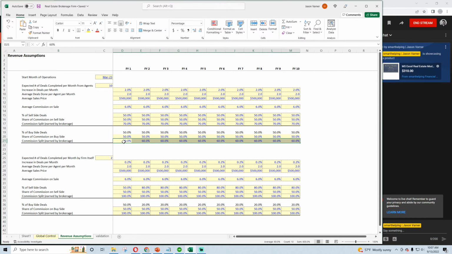What's the best way to go? We could do total volume, and then the volume is going to drive all of this. So we go total deal volume. That's going to be simply the deals closed per month times the average sales price per deal.